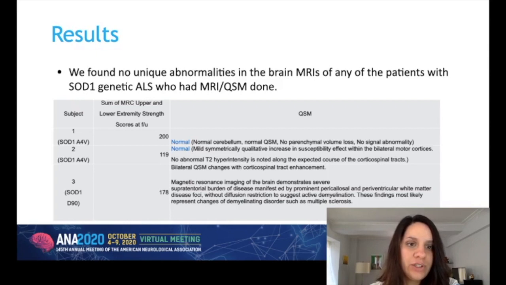And we found no distinguishing abnormalities in the brain MRIs of any of the patients who had SOD1 genetic ALS. So you see the 3 patients, 2 of which had A4V mutations, and those were normal MRIs. And then the 3rd patient had a D90 mutation, and there was some corticospinal tract enhancement.